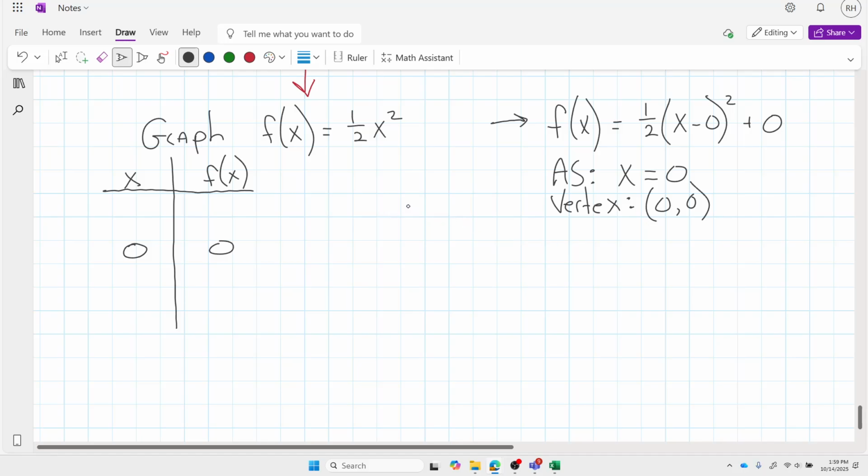So if you had a coordinate plane over here, here's our x axis and our f of x axis. If we plot this vertex, it's right here at (0, 0). Now we want to pick 2 inputs to the right of 0 on the x-axis. What you want to pick when you have a fraction as your a is multiples of the denominator.